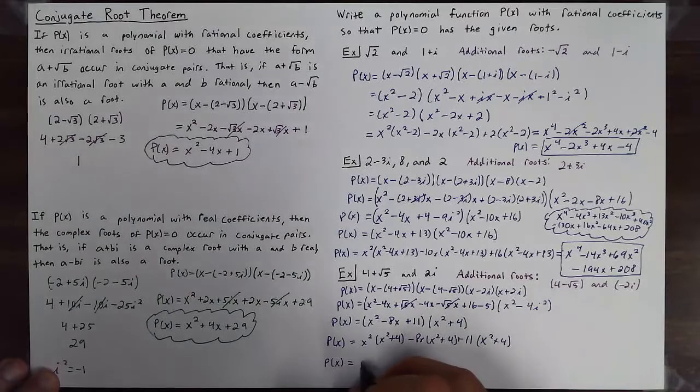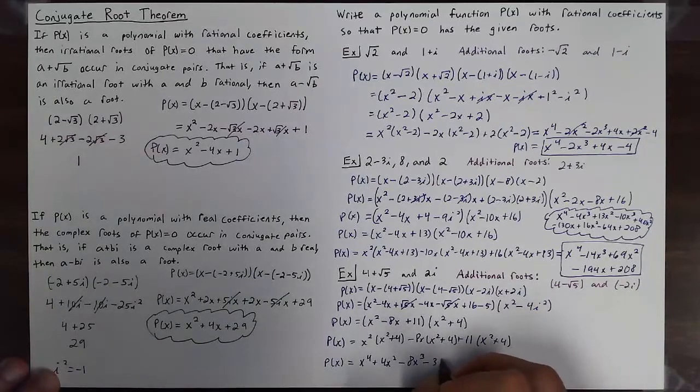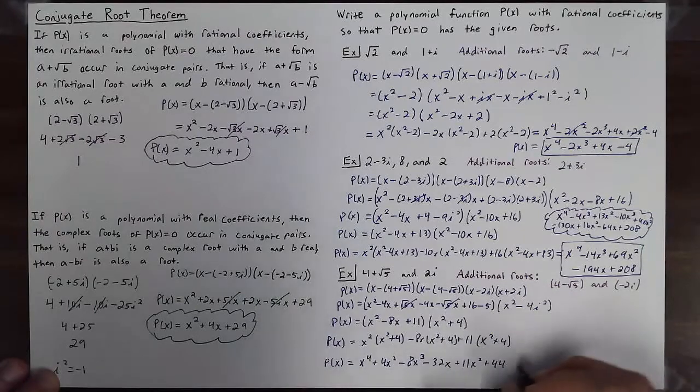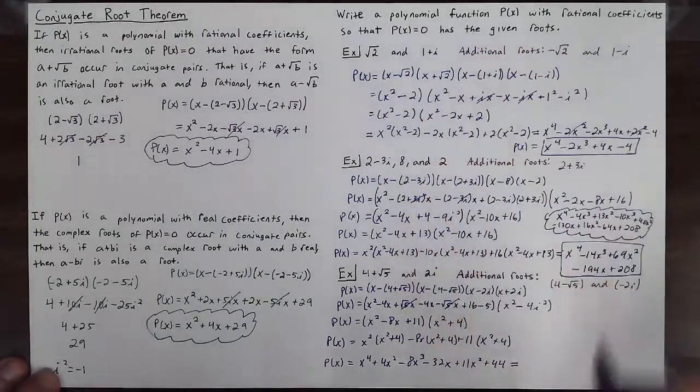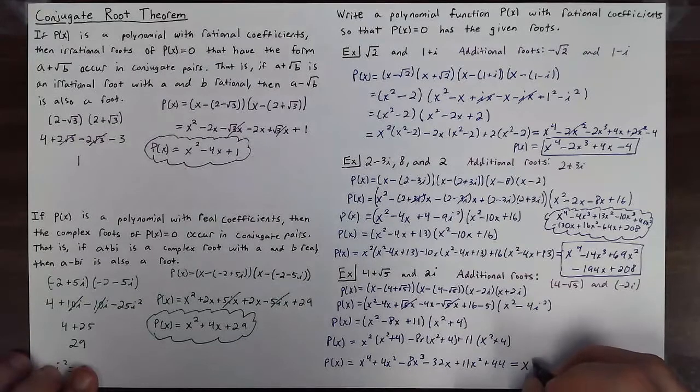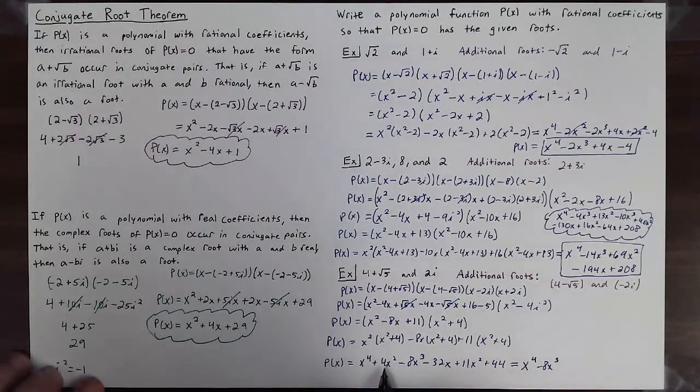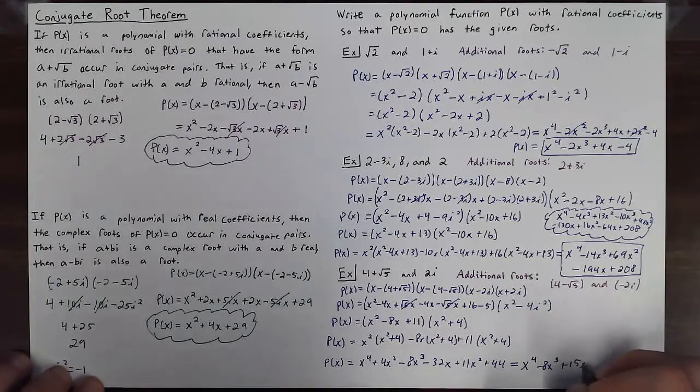Distributing there, I get x to the 4th plus 4x squared minus 8x cubed minus 32x, and then plus 11x squared plus 44, which gives me my polynomial with rational coefficients to be x to the 4th minus 8x cubed, and then I have 4x squared and 11x squared, so that's plus 15x squared. And then minus 32x, then plus 44.